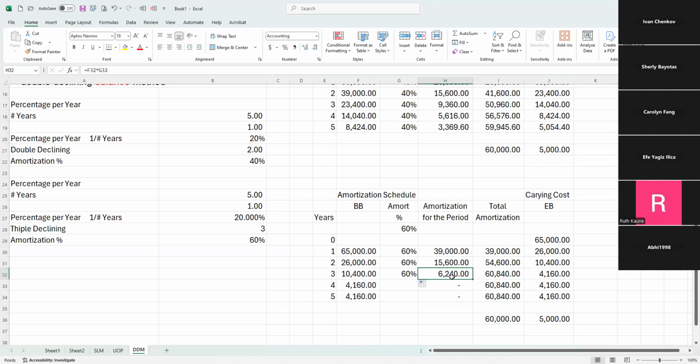And in the year that you're seeing that carrying value dropping below the residual value that you have in the question, you're manually adjusting the amortization for the period that drops you below the carrying amount. So how much should be my adjustment here? How much should be my amortization?